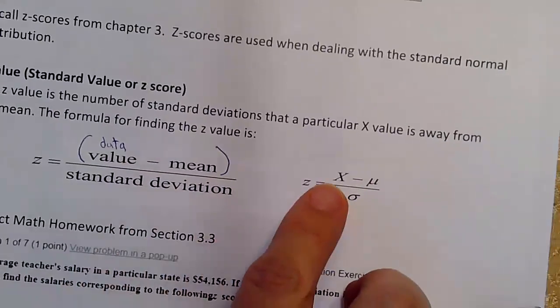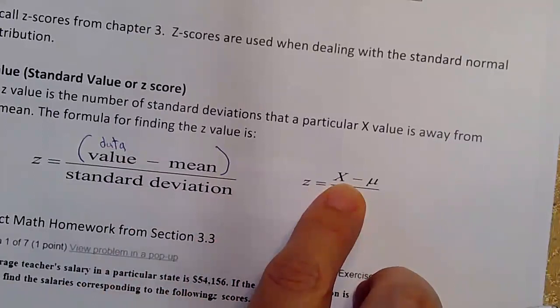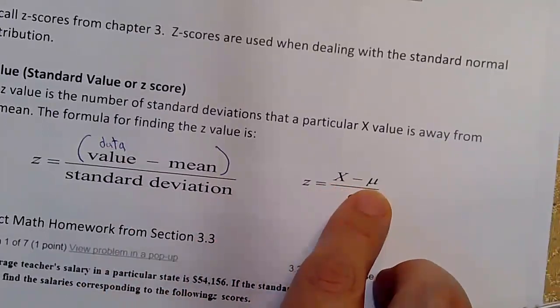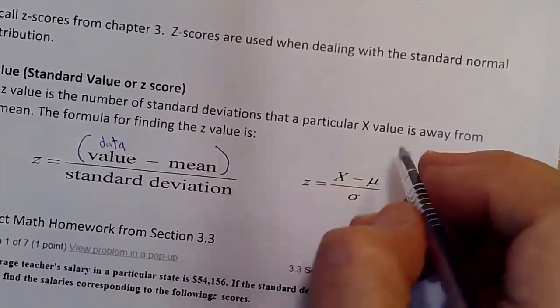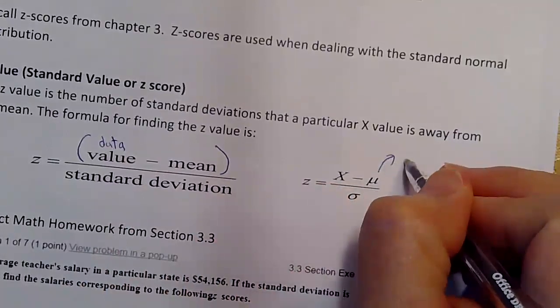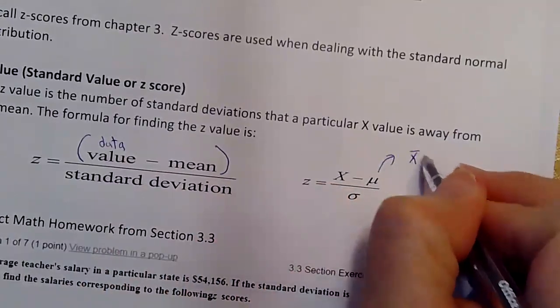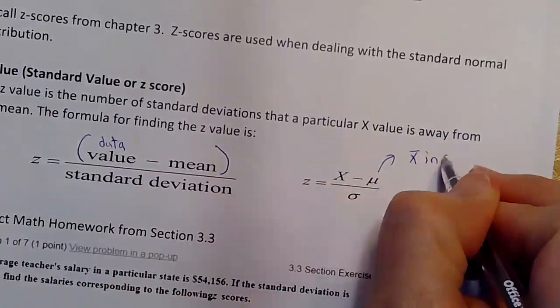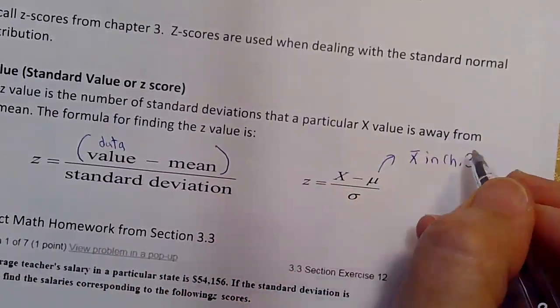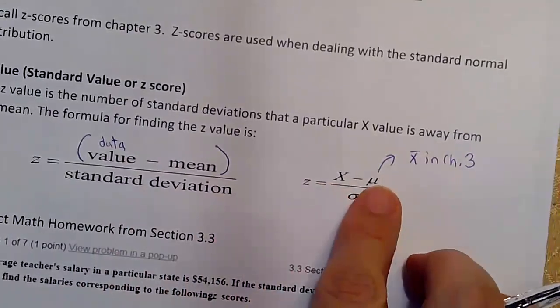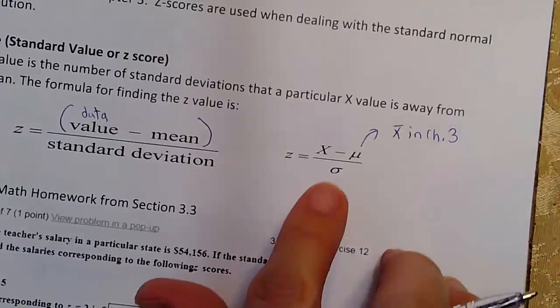So notice here how they were using X bar for the mean in chapter 3, and now they're using mu divided by sigma.